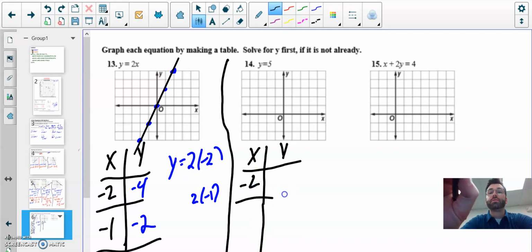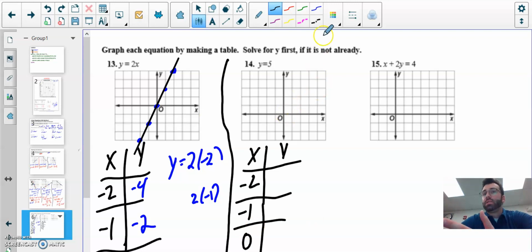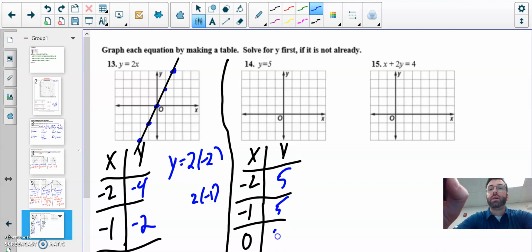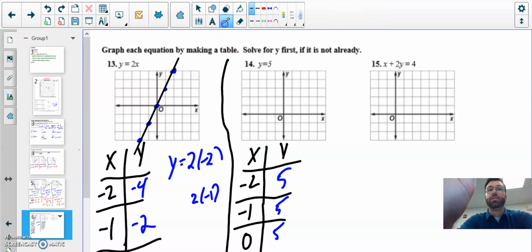The main difference is there is no x value. So if I plug in something for x and there is no x value, I'll just get 5 no matter what. If I plug in 100 for x, since there is no x value here, y is just 5. So this is going to be a special case where I have a horizontal line. Holy buckets, that's not horizontal.